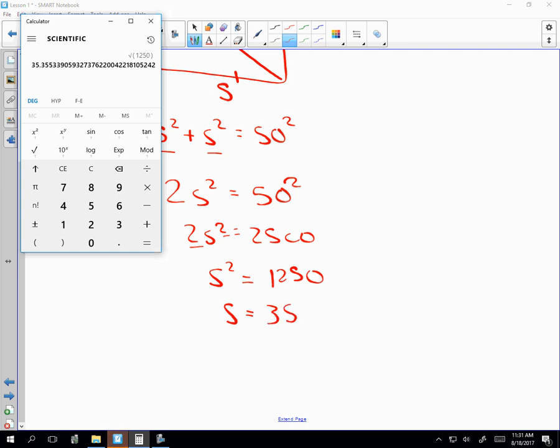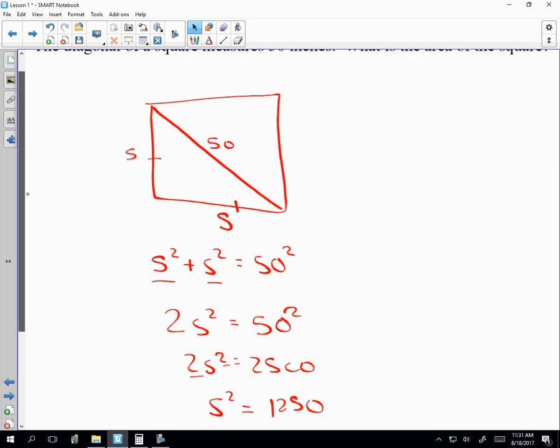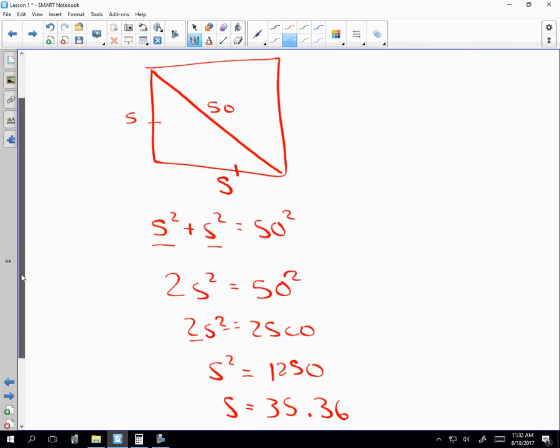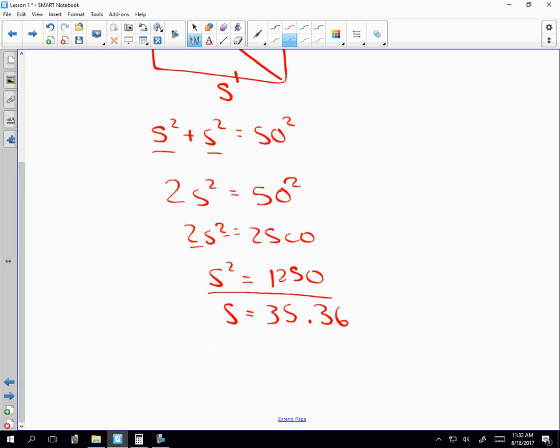Okay, so we have our side length of 35.36. Now what we also want to think about here is, what's the question asking? Always think back. The question here is actually asking for the area of the square. So the area of the square is side times side, and we actually have that right here.